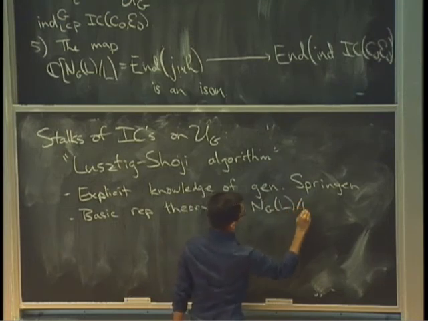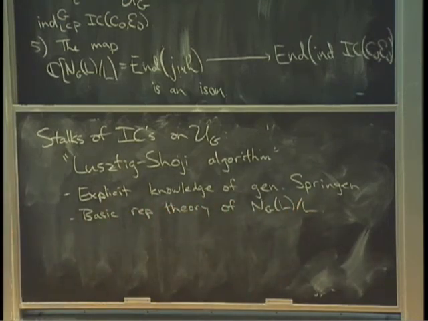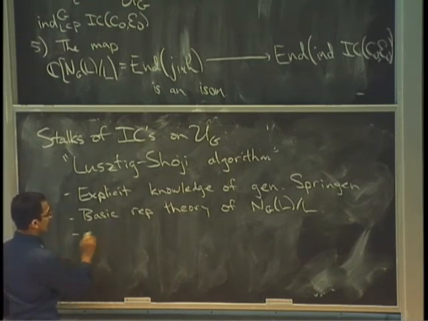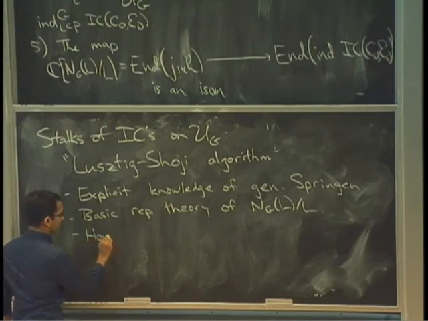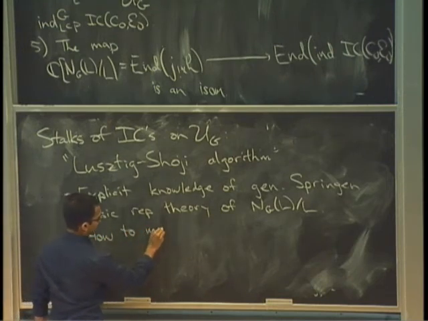You need to know things like fake degrees, which are really well understood combinatorially. And then the last thing you need to know is how to manipulate matrices.